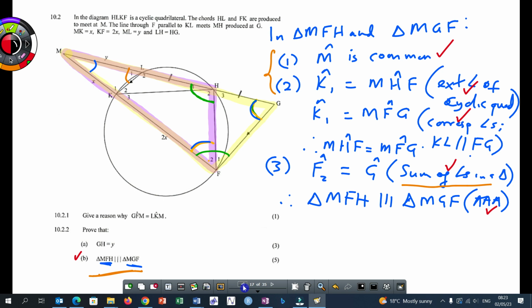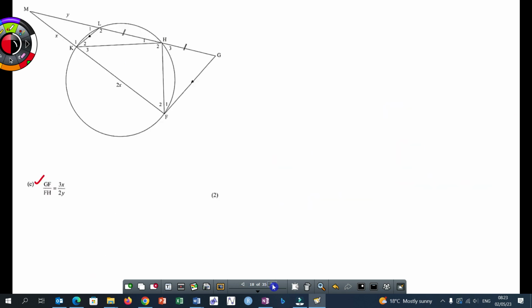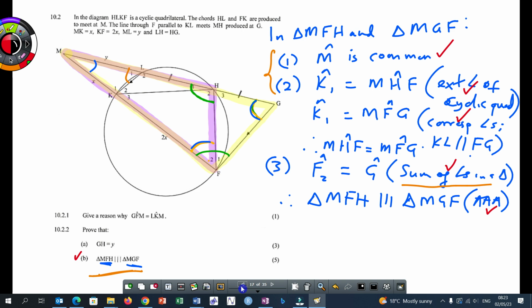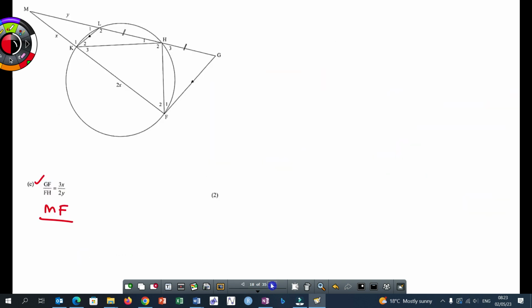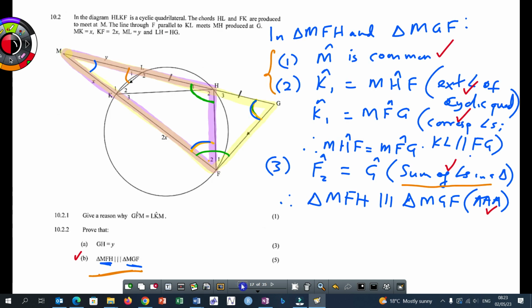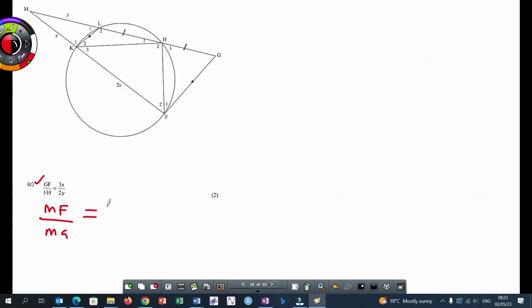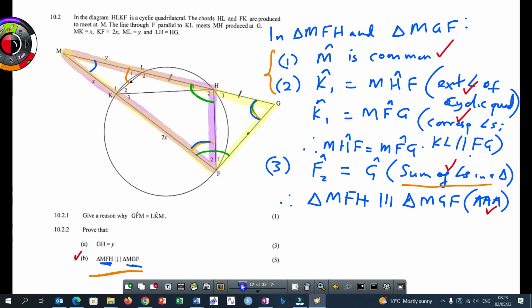So it's going to be MF divided by MG. This will be equal to FH divided by GF. And then we have got MH and MF.